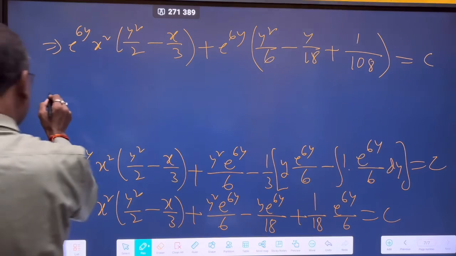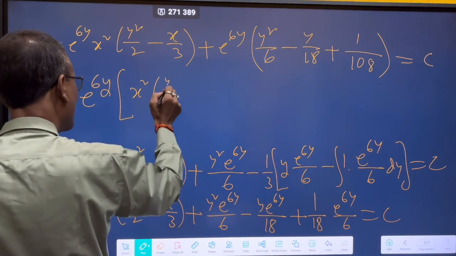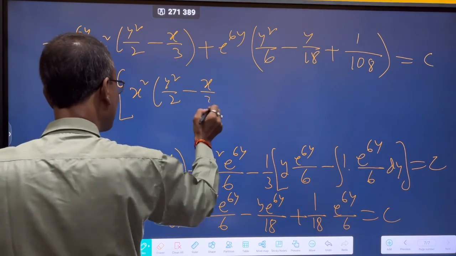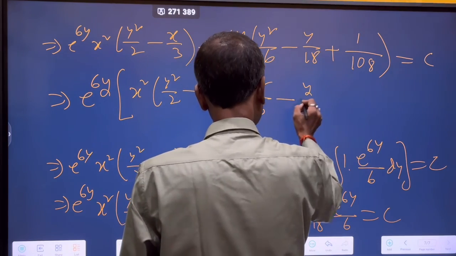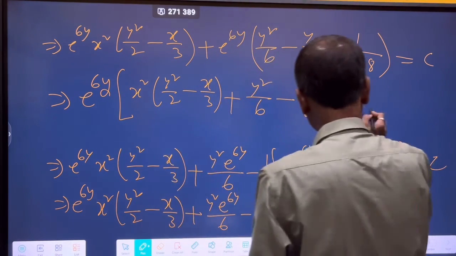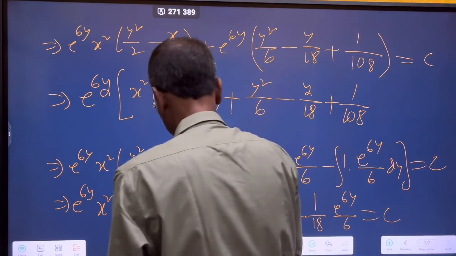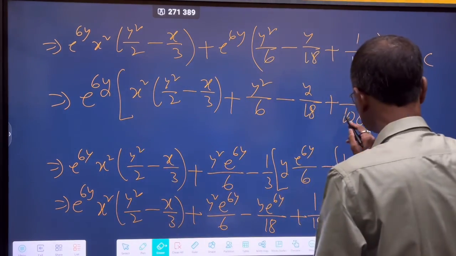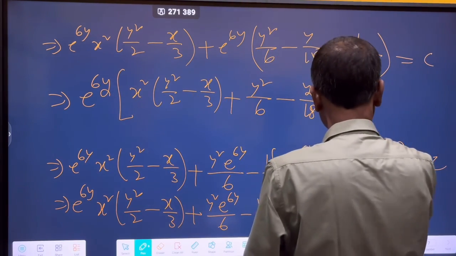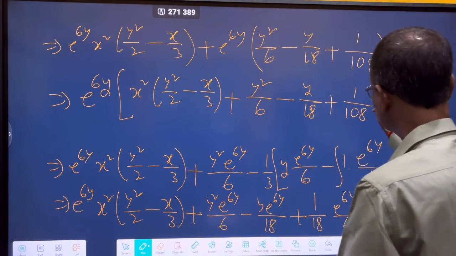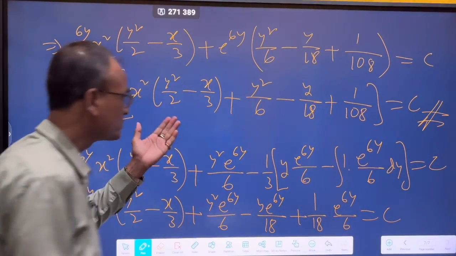Or you may write e^(6y) [x²y²/2 − x³/3 + y²/6 − y/18 + 1/108], this is 1/108, equal to constant. This will be the solution of the differential equation.